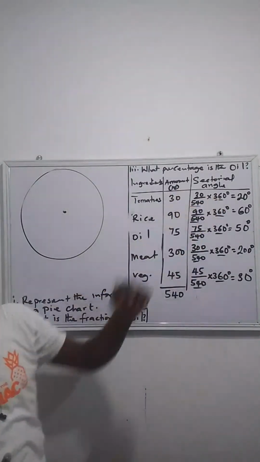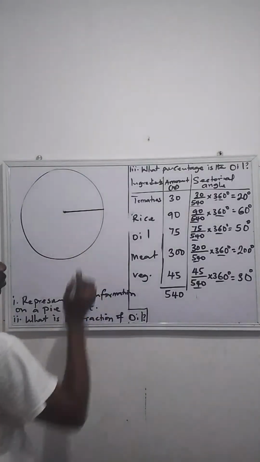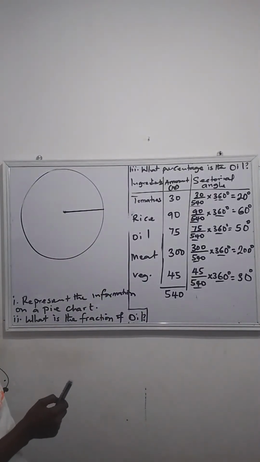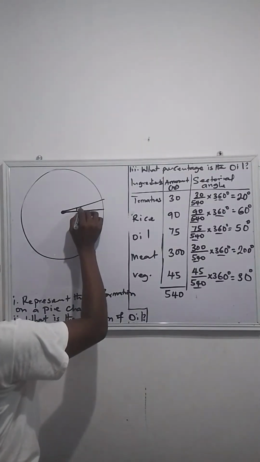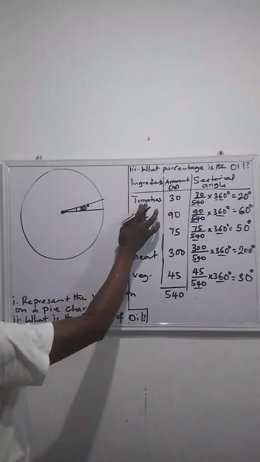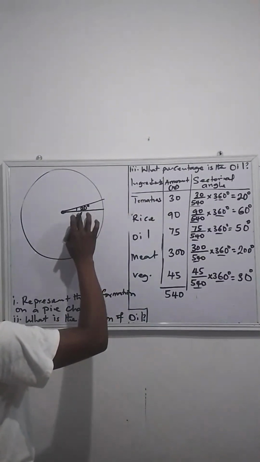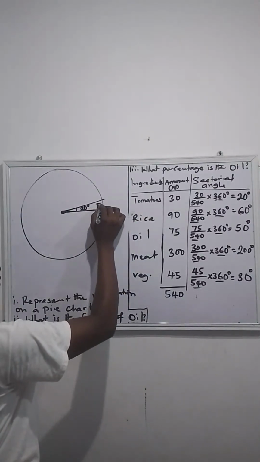Now you can start with 20 degrees. You take a measurement, making use of your protractor, of 20 degrees. Remember to label, because if you write 20 degrees and you don't put this one, it doesn't have meaning. So you put tomatoes.